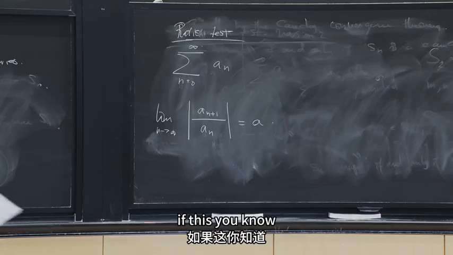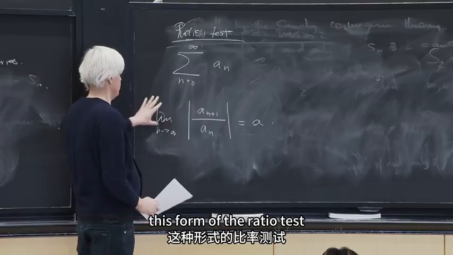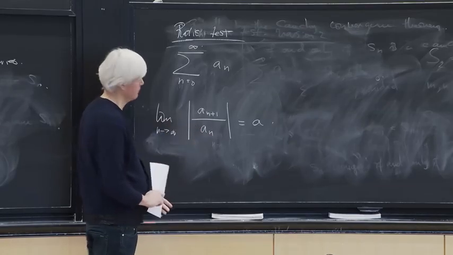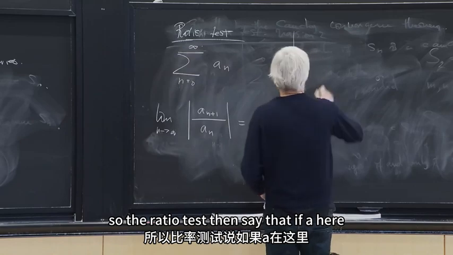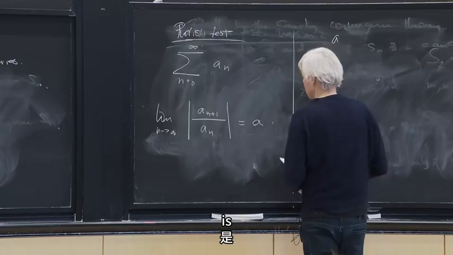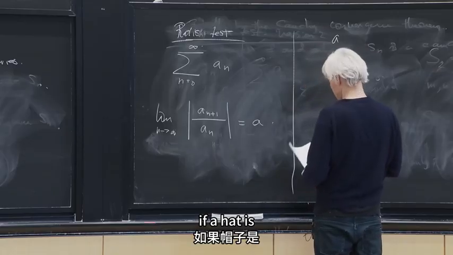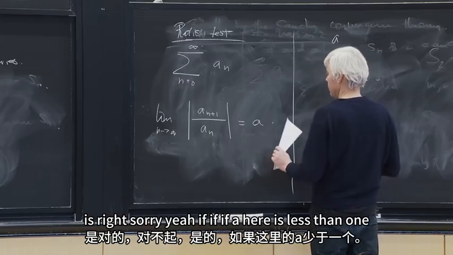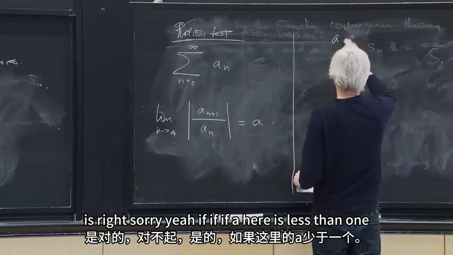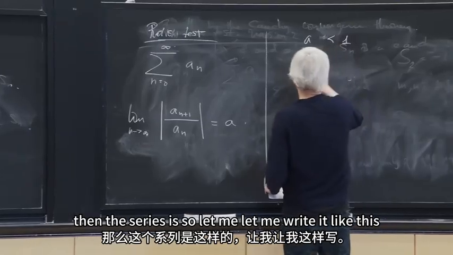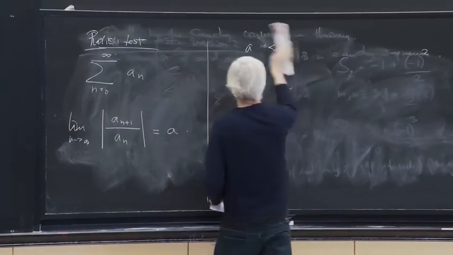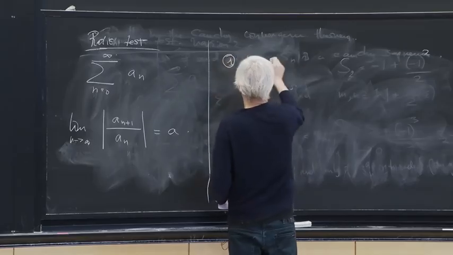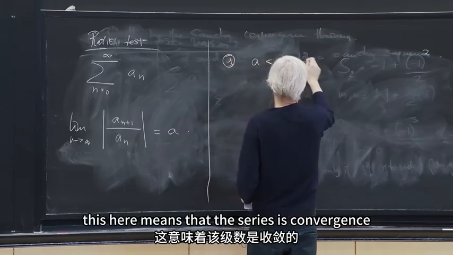This form of the ratio test requires that the ratio here has a limit. So the ratio test then says that if a here is less than 1, this means that the series is convergent.